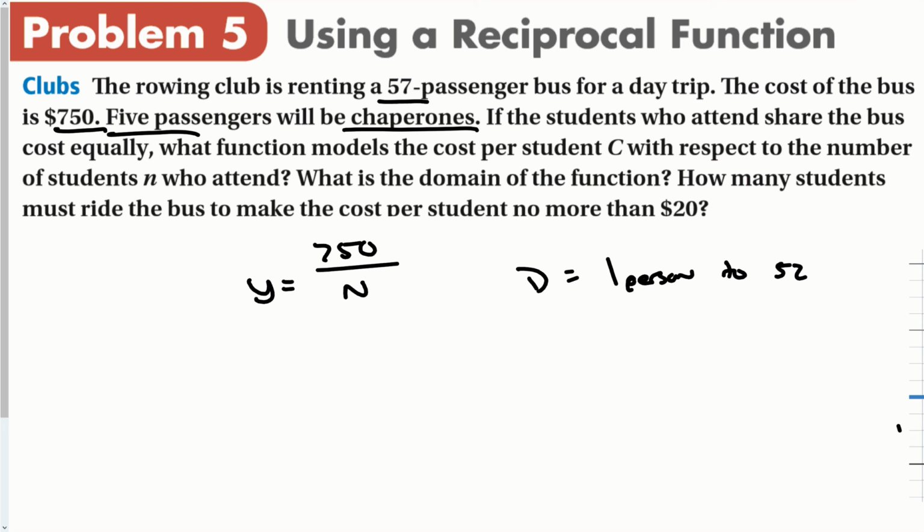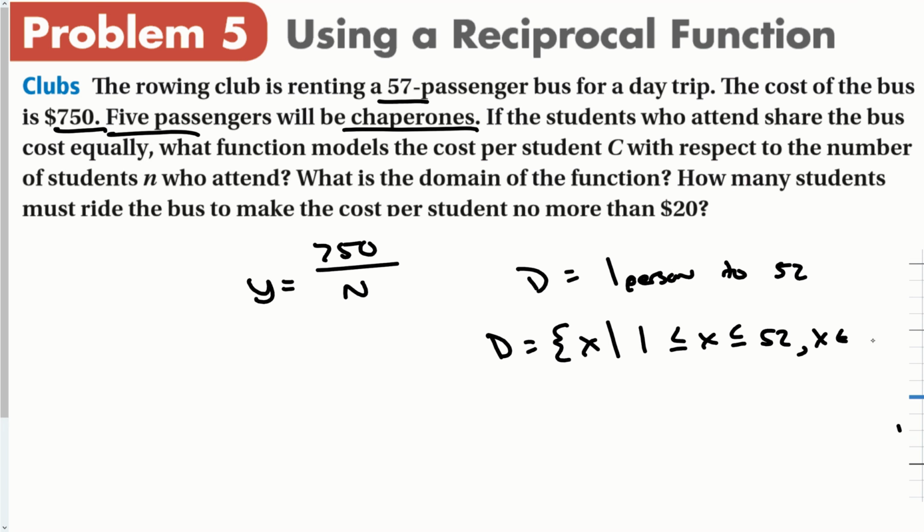All right, so the best way to write this is with set builder notation, so that way we can specify it's everything between 1 and 52 that is an integer because you can't have half a person. And the way we would write that is domain is x such that x is between 1 and 52, and x is an integer.